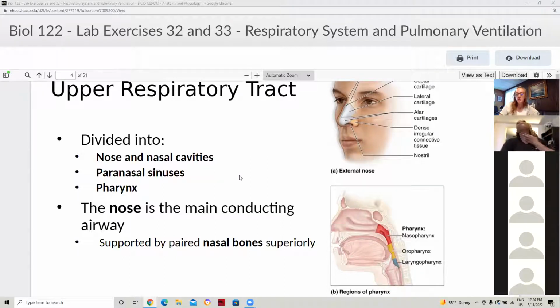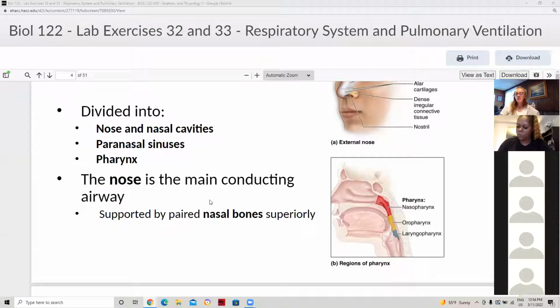So the upper respiratory tract is divided into the nose and nasal cavities, the paranasal sinuses, and the pharynx. The nose is the main conducting airway, supported by paired nasal bones superiorly.